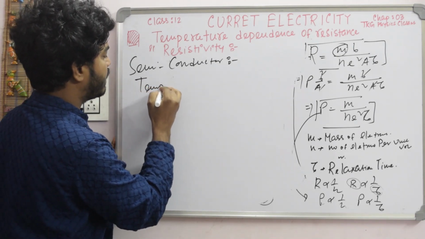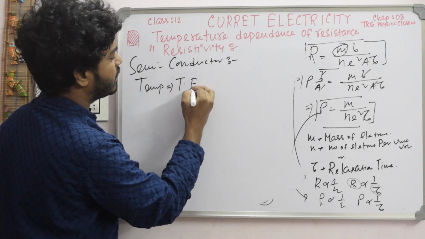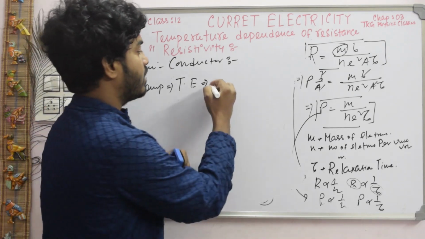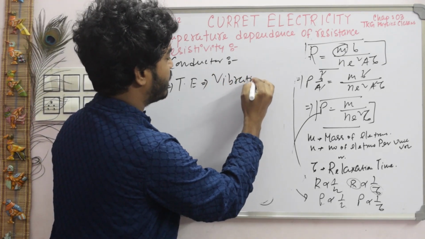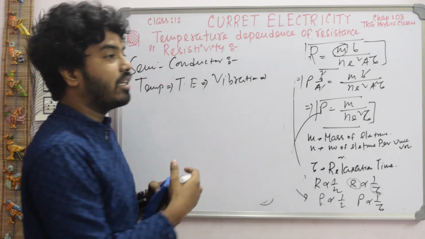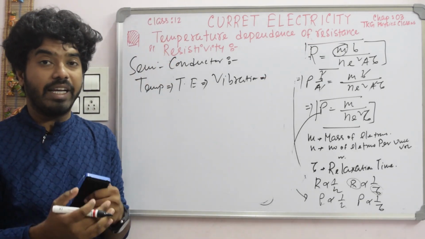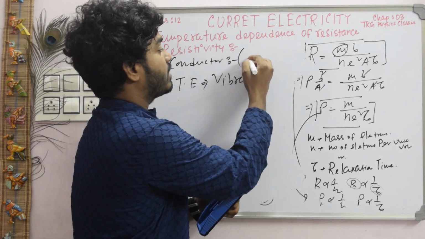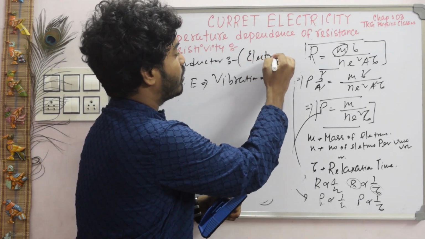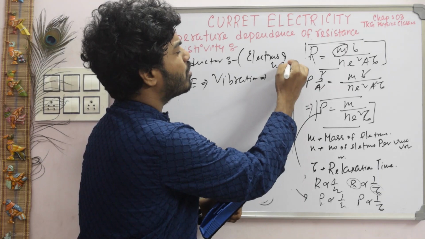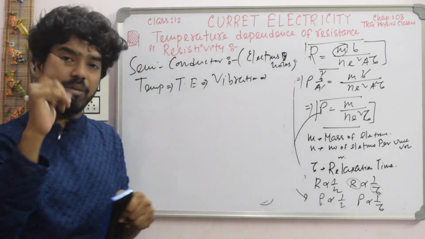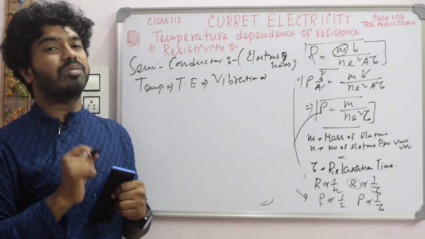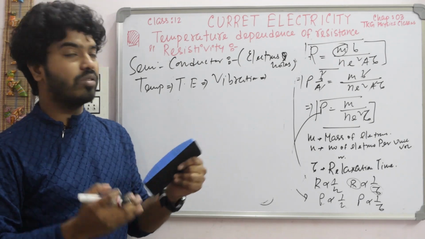When temperature increases, thermal energy increases, and their vibration increases. When vibration increases, this implies the charge carriers, not electrons here. For semiconductors, the charge carriers are electrons and holes. This is an imaginary concept, holes. We learn it in your semiconductor chapter. The absence of an electron is known as a hole, and in a semiconductor there are two types of charge carriers, electrons and holes.